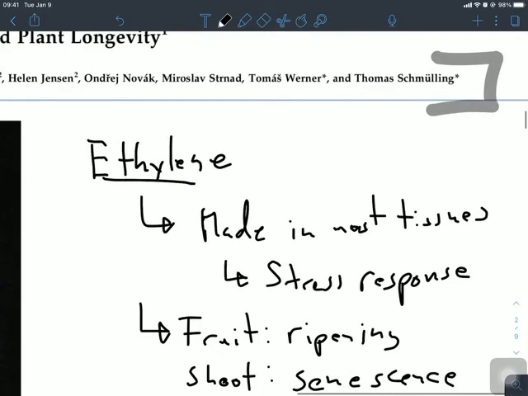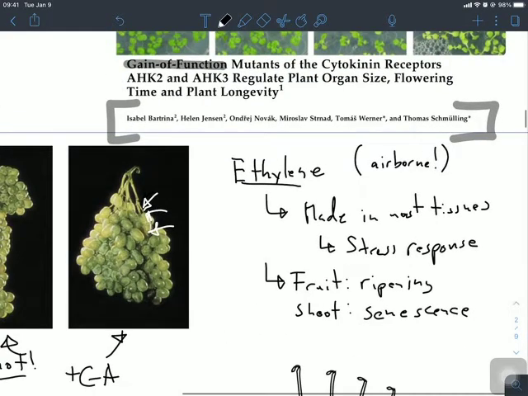This is because ethylene is aerosolized. Unlike being transported in the xylem or cell to cell, as some of our other hormones, ethylene can be released into the air and perceived from the air, which is pretty unique.